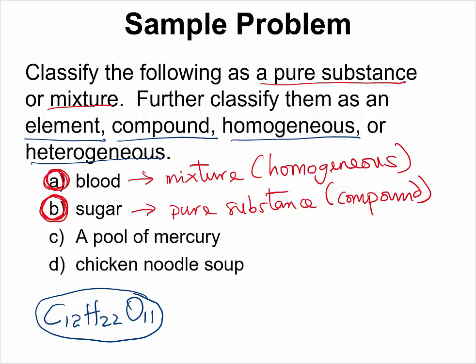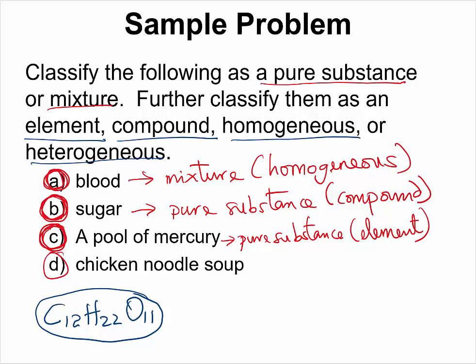Let us move on to the third one, a pool of mercury. This is also a pure substance, and there is only one type of element in that pure substance, and that is mercury. So it's a pure substance in the elemental form.